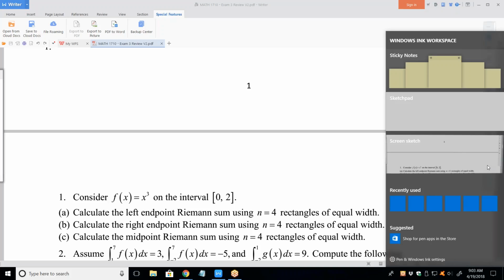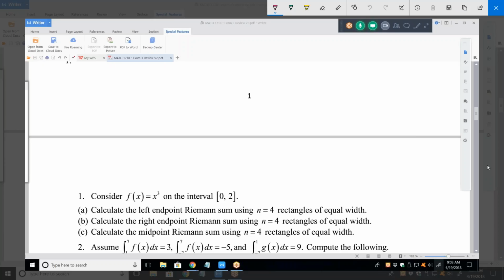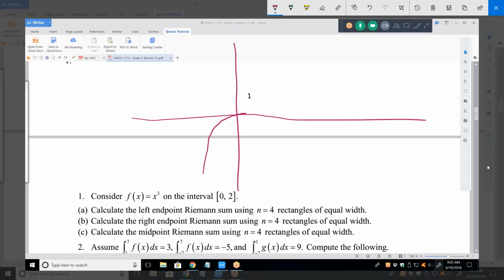You don't really need to do that, but when you're first learning these, it's helpful to do it. All right, that's good enough, I think. On the interval from 0 to 2.